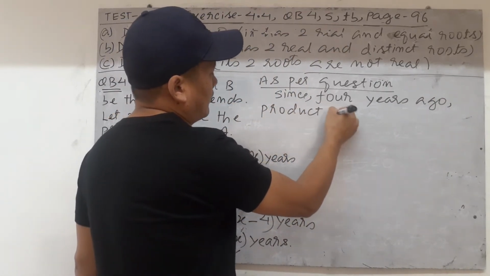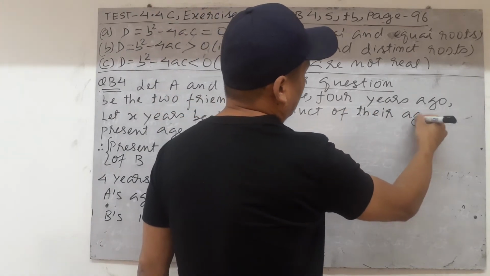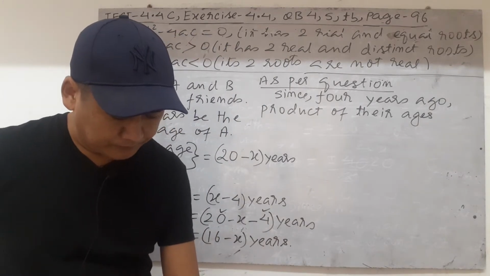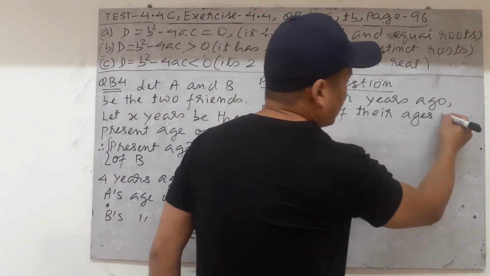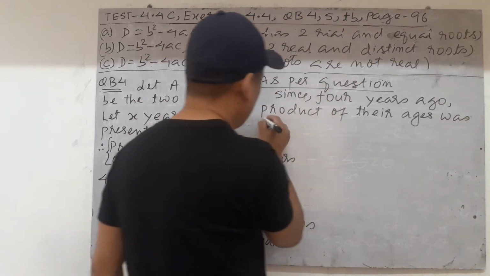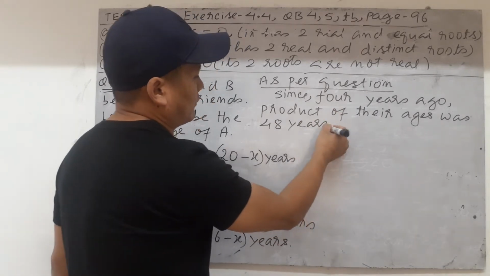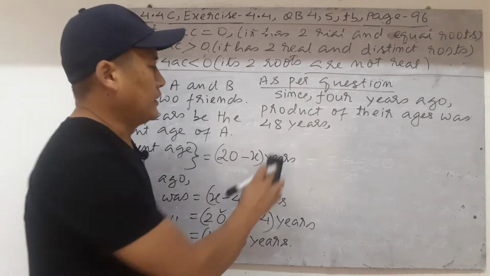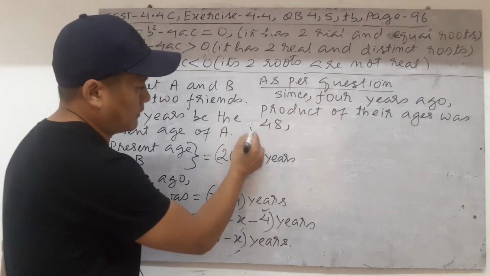Product of their ages. Okay, product of their ages was 48. See, was past tense, was 48 years. This is what the question is saying. Was 48 or 48 years, whatever. So 48.